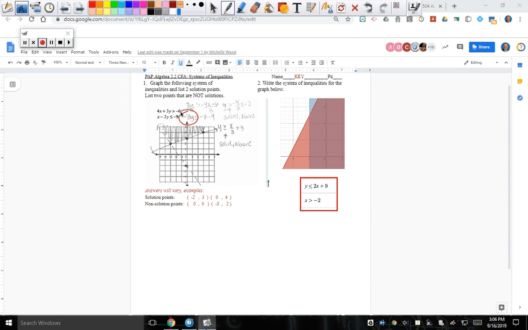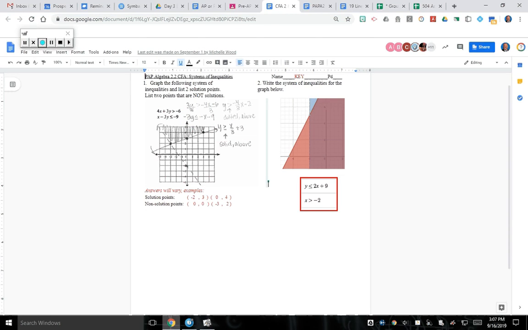And any time throughout the process that you're trying to ultimately get y all by itself, if you divide by a negative or multiply by a negative, that is when you switch the inequality, okay? You flip it. If you subtract a negative or add a negative, you don't flip it. It's only if you multiply or divide throughout the process. Okay? So that's it on that.